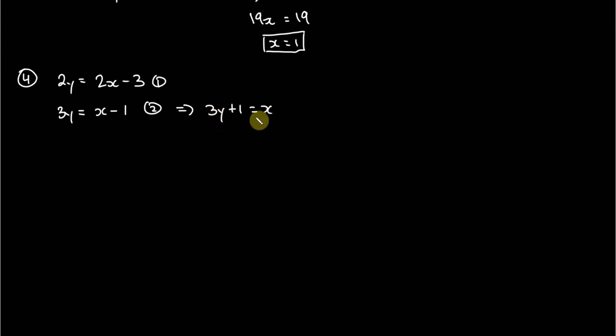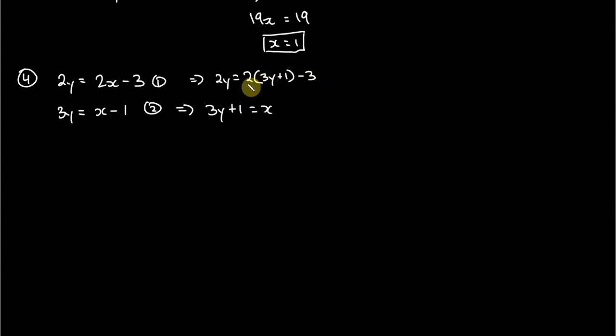So now we know the value for x. Well, we know that at least it equals 3y plus 1, so you can substitute that back into equation 1, which I'll write up here. And so we have 2y equals 2 times (3y plus 1) minus 3.